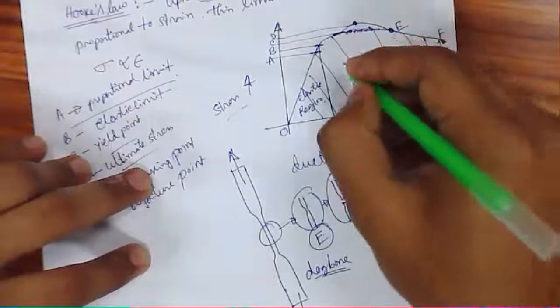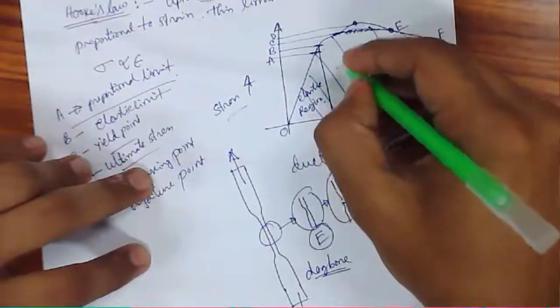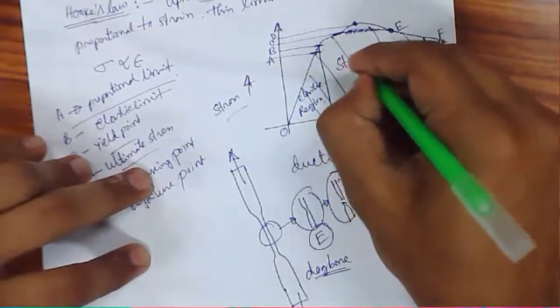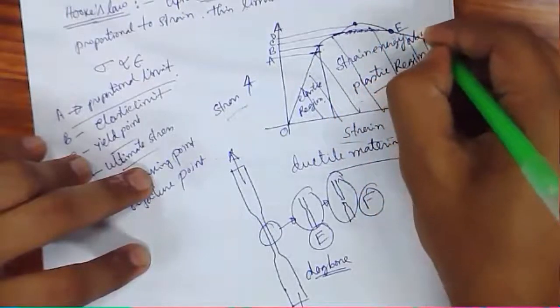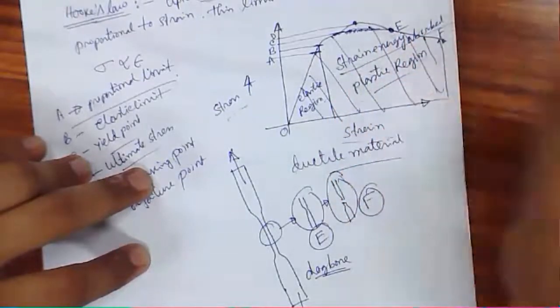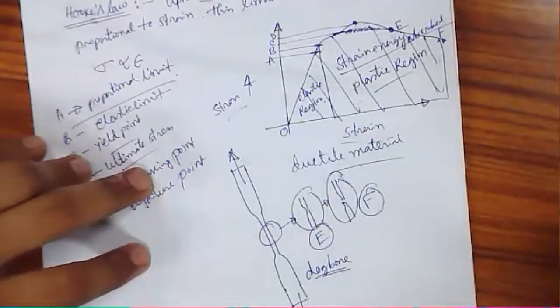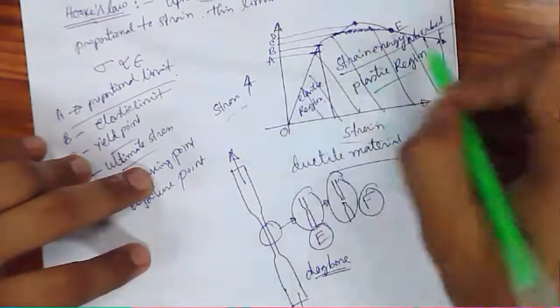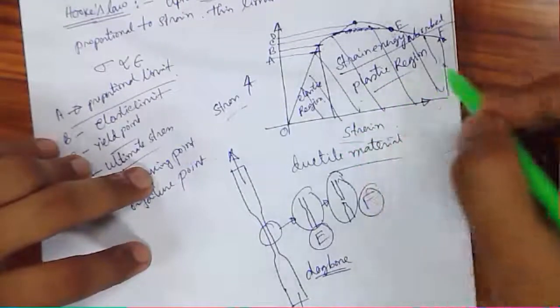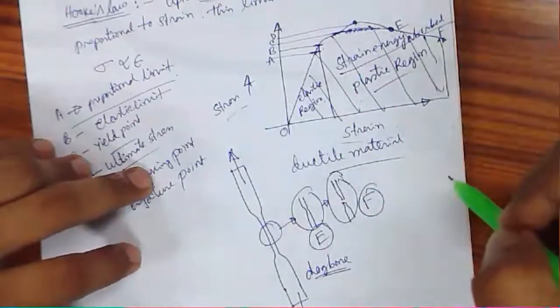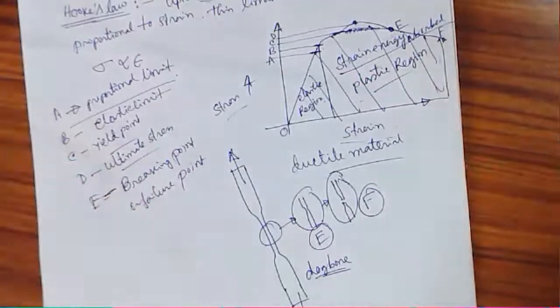And the area obtained by this curve, that means this region, is actually showing us the strain energy absorbed to break the material. The area constrained by the stress-strain curve is called strain energy absorbed. Okay, how does this strain energy come in?